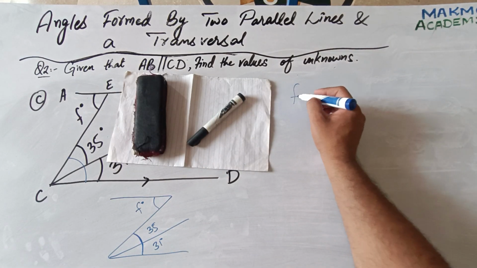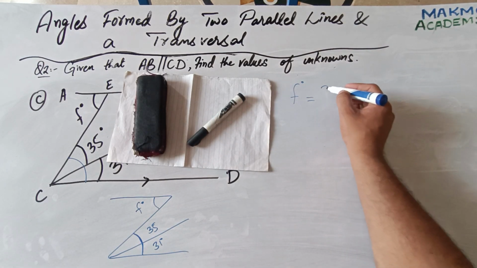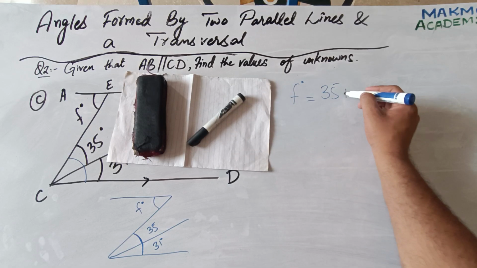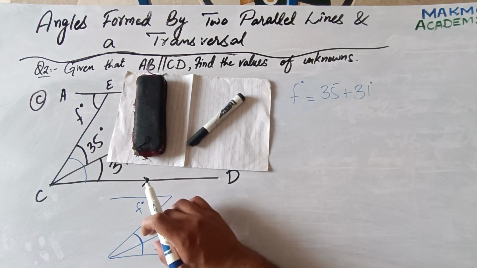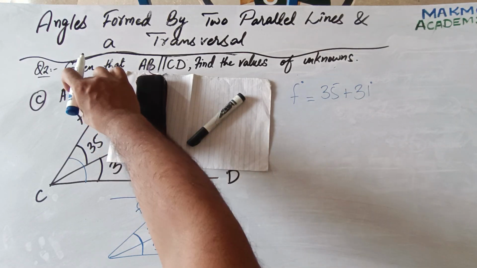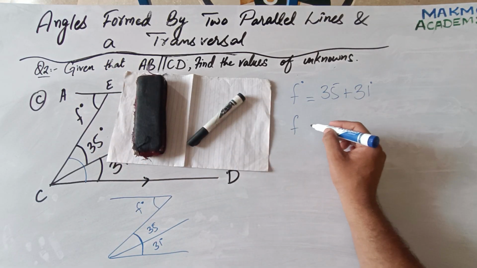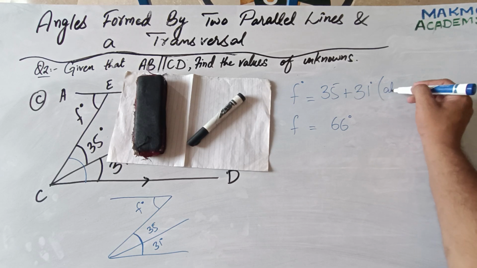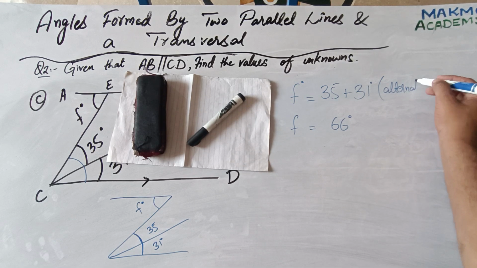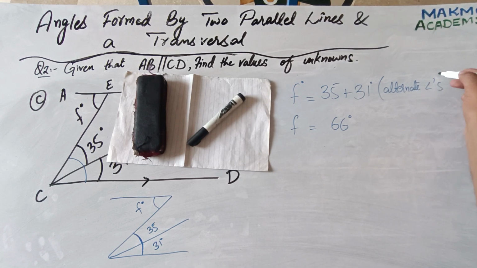It means that F degrees is equal to 35 plus 31 degrees. The summation of both the angles is equal to F. So F is equal to 66 degrees according to alternate angles. I hope it is very clear.